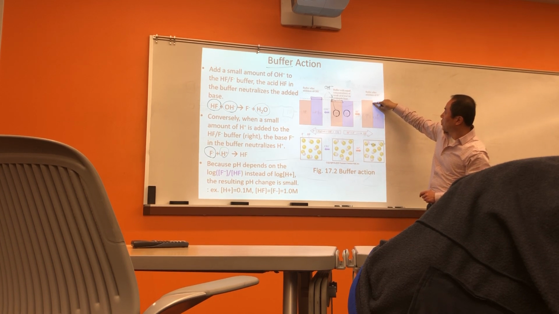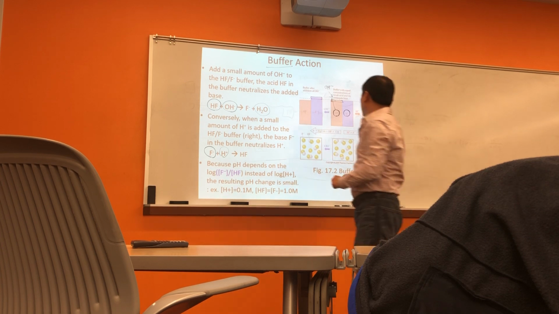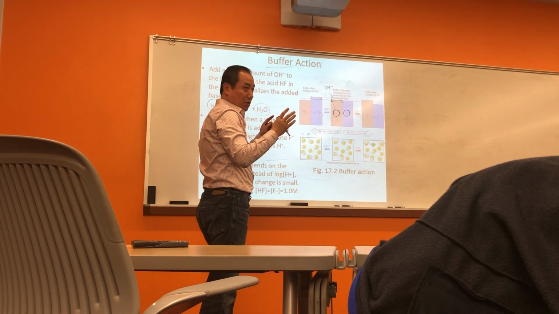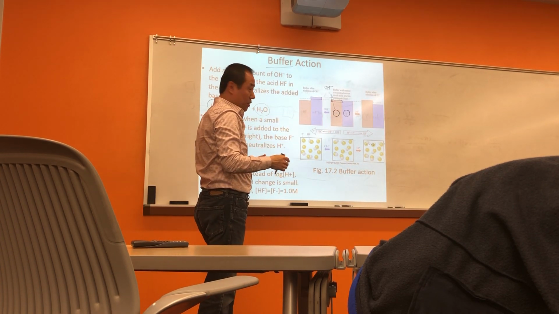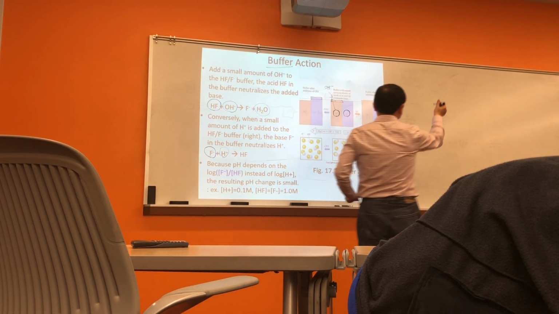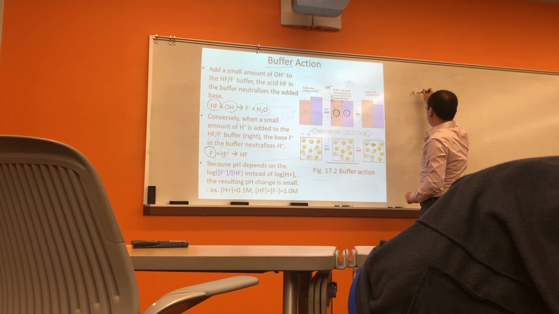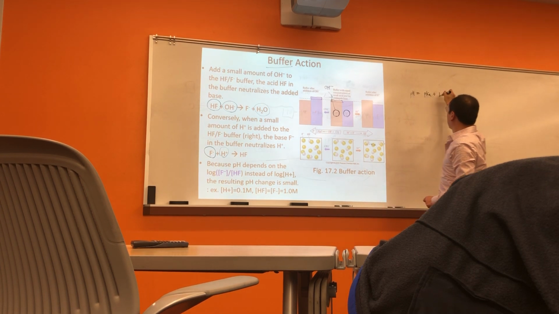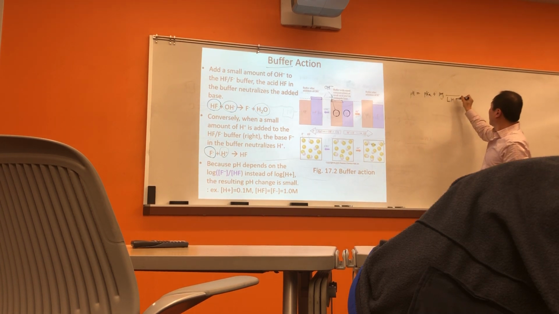This change will cause a little change in your pH, but not by much. The reason is the Henderson-Hasselbalch equation: pH is pKa plus the logarithm of A minus over HA.